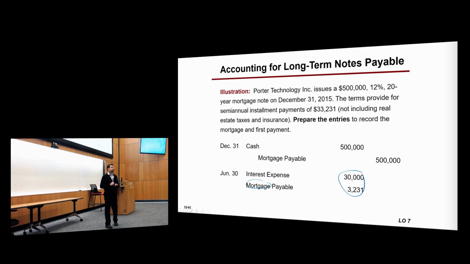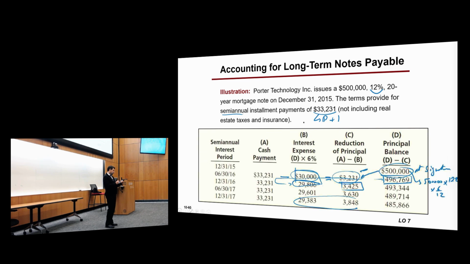Okay? Mortgage payable, that will be the part that is calculated by subtracting, as you can see here. This one, it's simply the rate, so this is the interest expense, it's the rate multiplied by the remaining balance in the principal. So this is the balance in the principal.